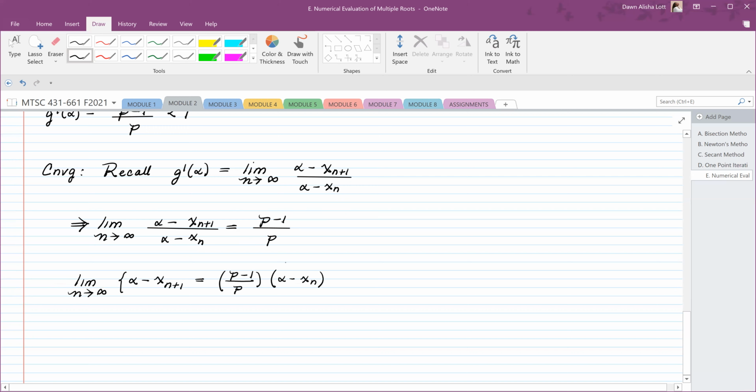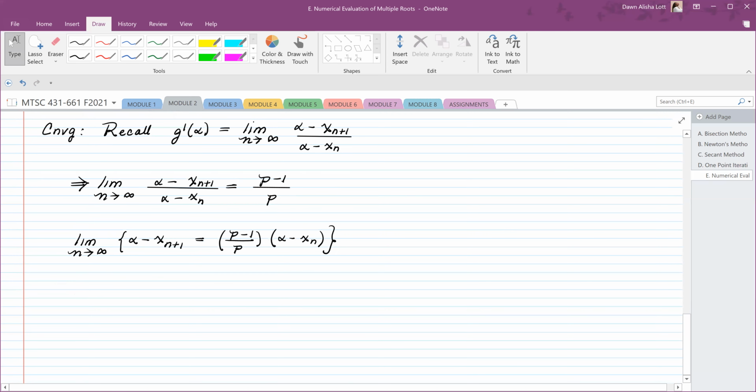So now you should be able to recognize that this is e_{n+1}, this is (p minus 1) over p, and this is e_n.